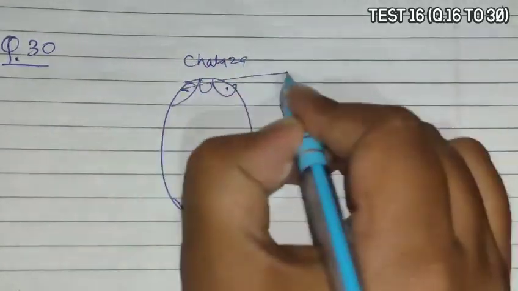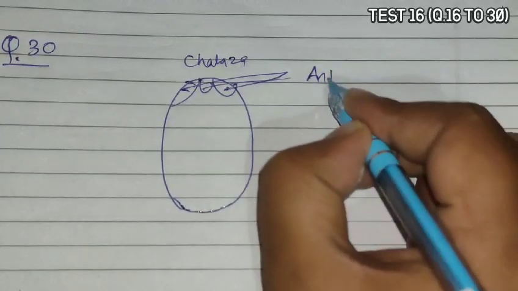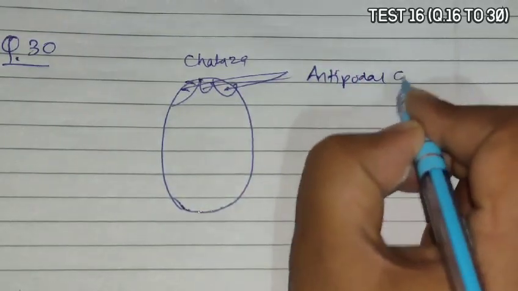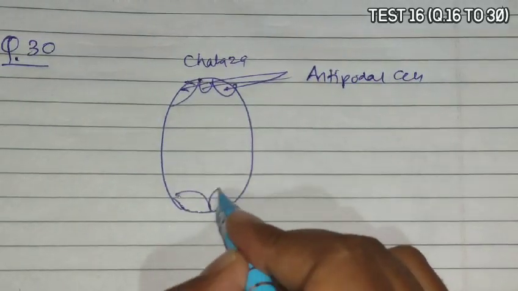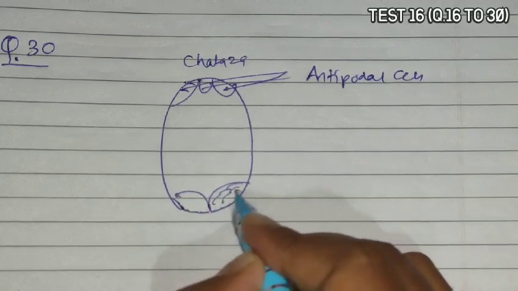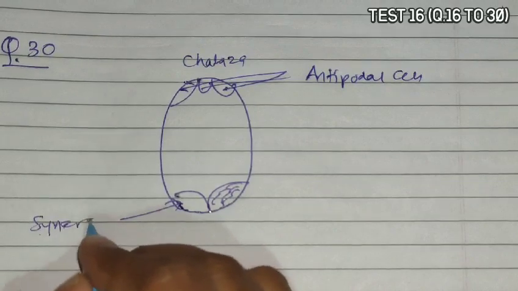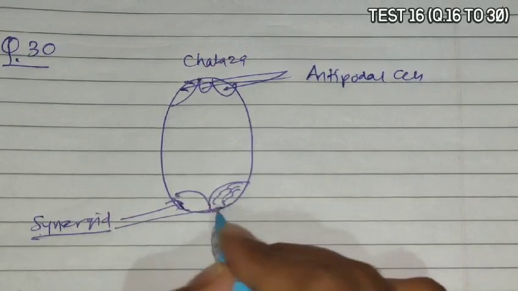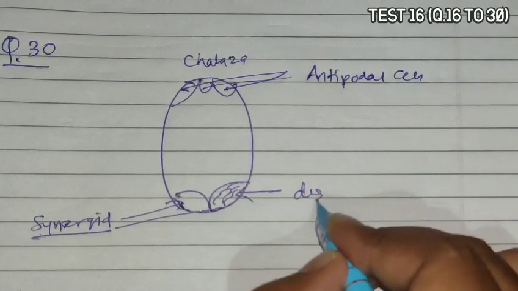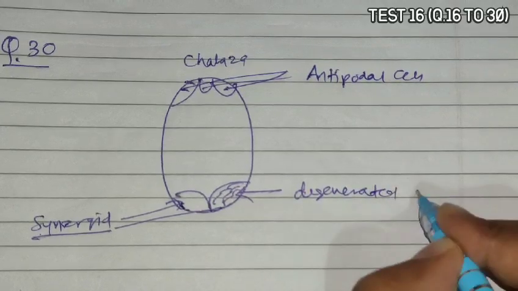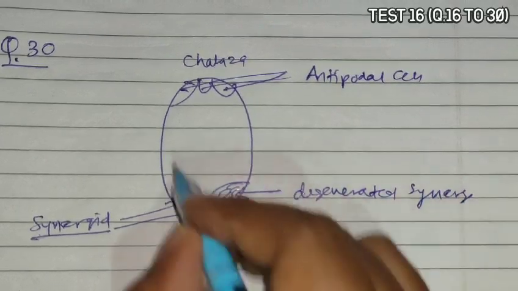They have 2 synergids, out of which one is a degenerated synergid.